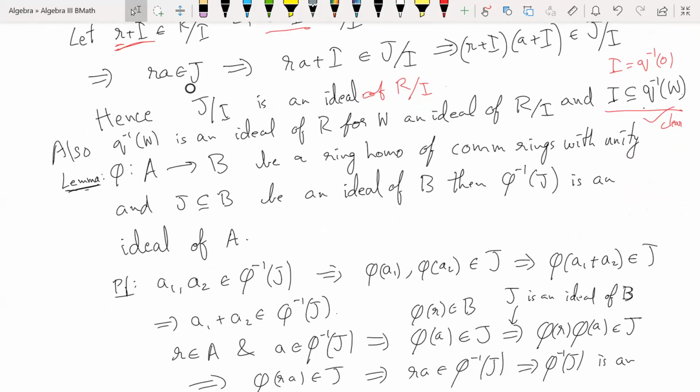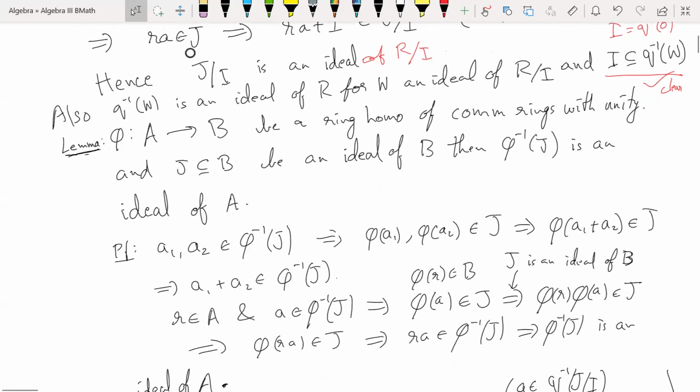So let's prove that. We want to show that phi inverse J is an ideal. So we have to show that it's closed under addition and closed under multiplication by elements of A. phi inverse J of course is contained in A. So let a1, a2 be two elements of phi inverse J. That tells us that phi of a1 and phi of a2 are in J, so phi of a1 plus a2 is in J. So a1 plus a2 is in phi inverse J. Straightforward statement.